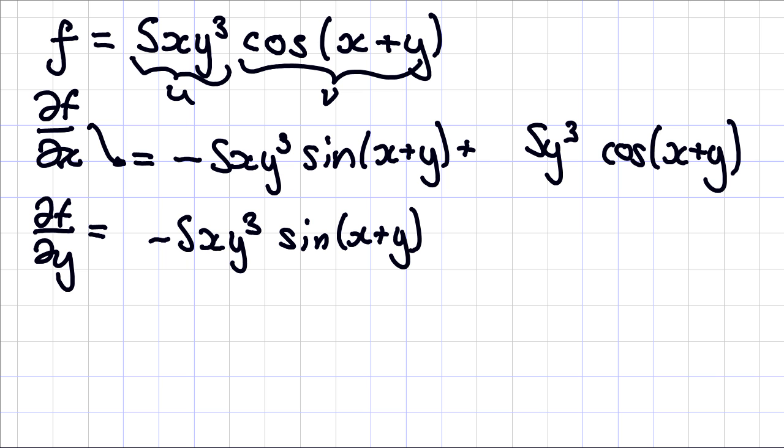Next I need v du dy, so that's cos x plus y, that's v, and du dy is going to be 15xy squared.